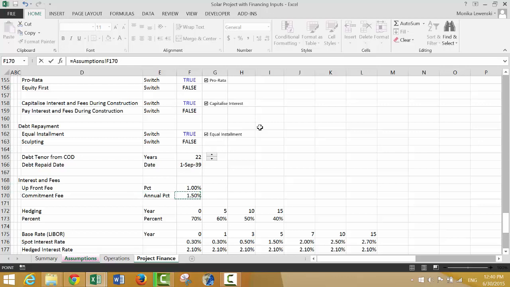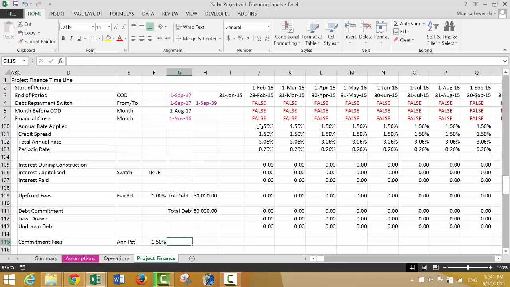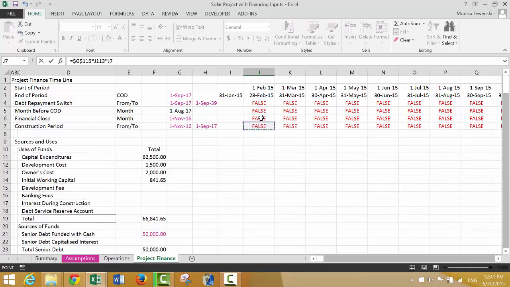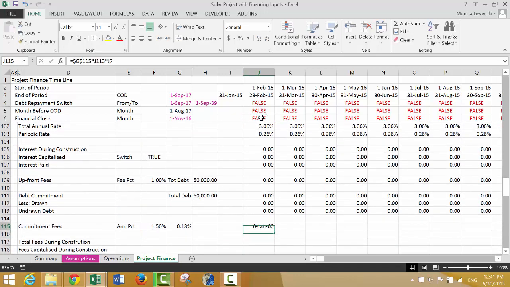Now the commitment fees, we'll put annual percent, and that's the commitment fee, and then we'll take that commitment fee and just divide it by 12. Now, we could have done something fancier, I suppose. And then we put this times the undrawn debt. Now, that's going to go negative, so we're going to have to multiply it by that switch.